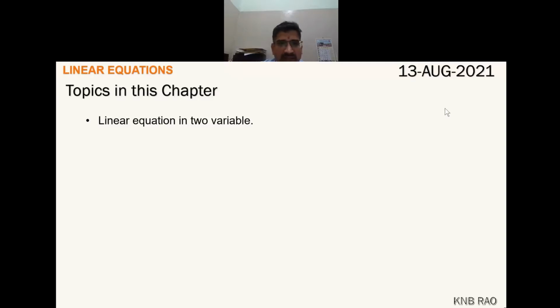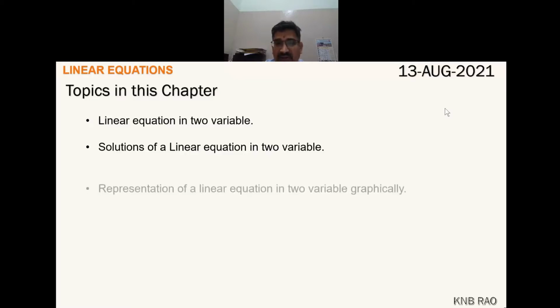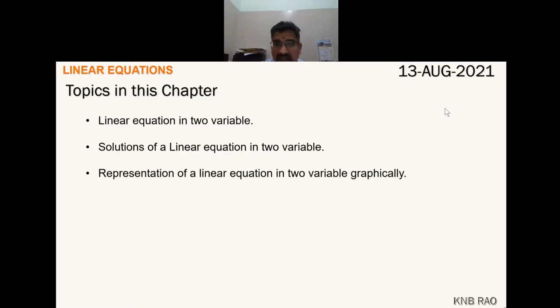Now, the topics that we are going to cover in this chapter are linear equations in two variables, then the solution or solutions of a linear equation in two variables, that is, finding methods of solutions and graphically representing them. So, representation of linear equations in two variables graphically, and graphical solutions of linear equations in two variables.